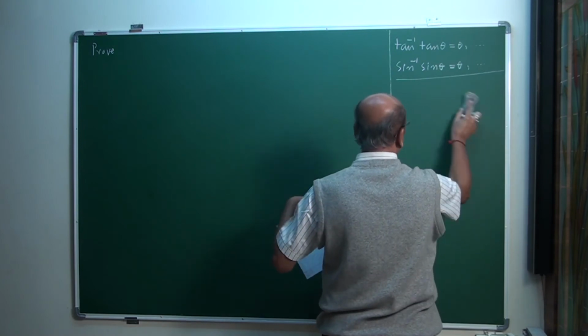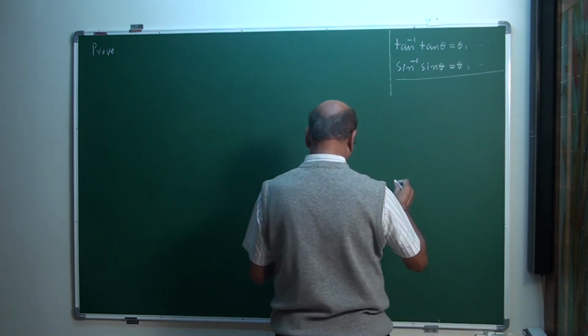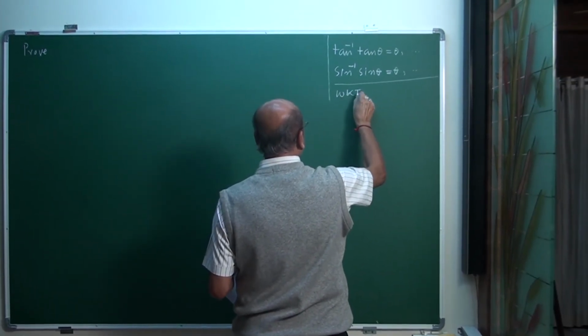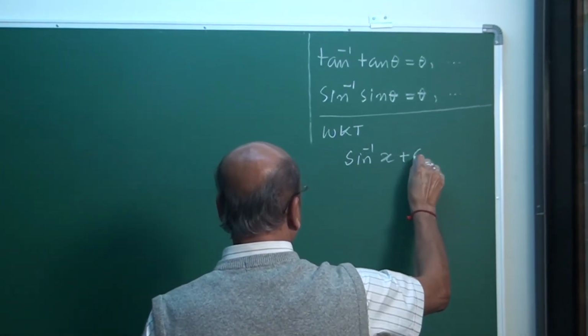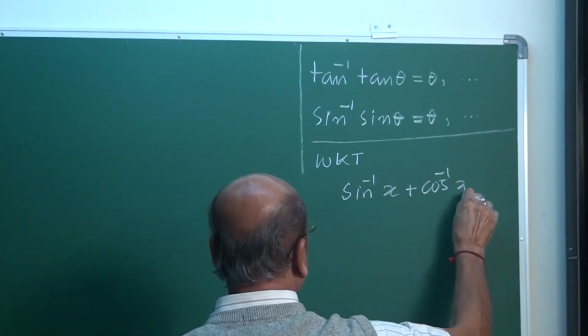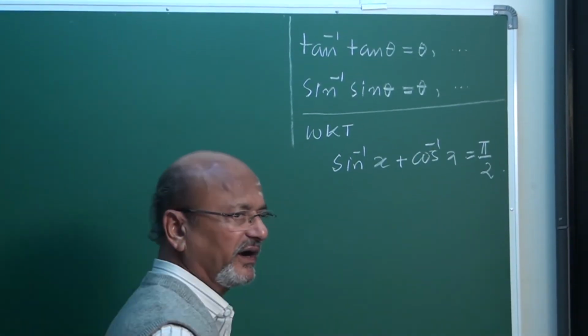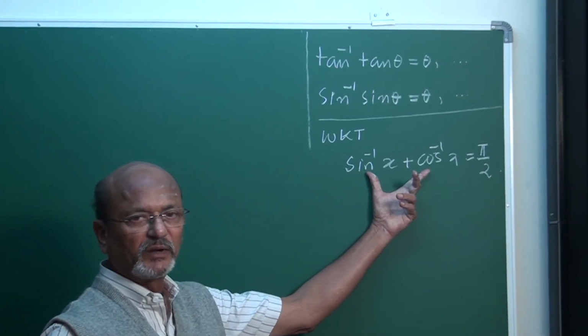My friends, in the third example, I use this result. We know that sin inverse x plus cos inverse x is pi by 2. You know, we have done 3 identical results. Tan inverse x plus cot inverse x is pi by 2.